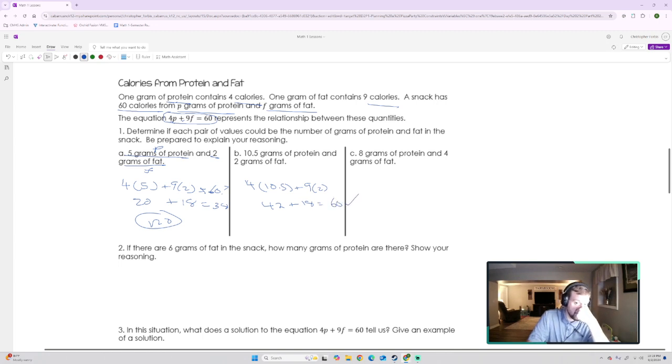So this potentially could be a solution to the equation. And what about C? All right, this should be pretty straightforward at this point. 4 times 8 for the protein plus 9 times F, which is 4 for the fat. What does that equal? Well, that's 32. That is, what's 9 times 4? Yeah, 36 for a total of 68, which does not equal 60.